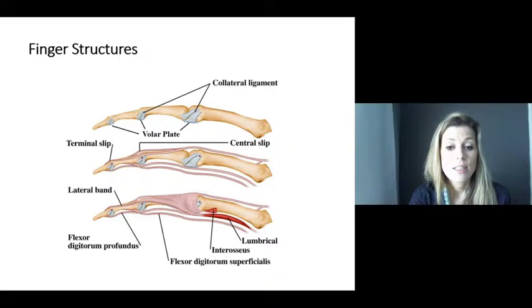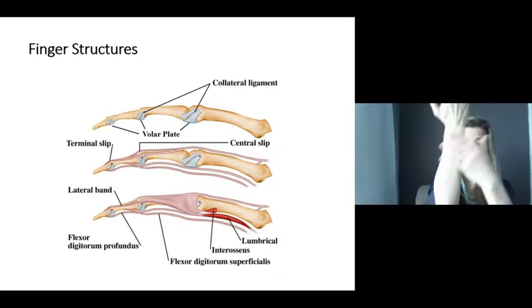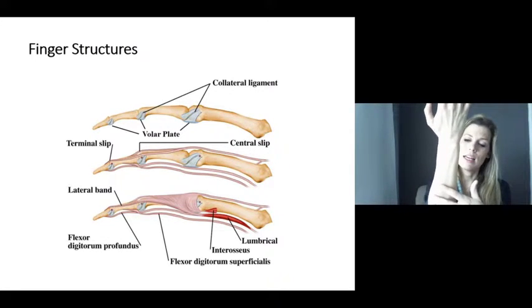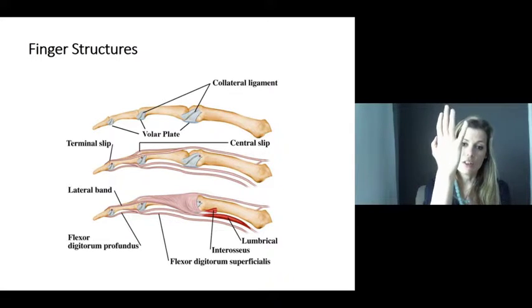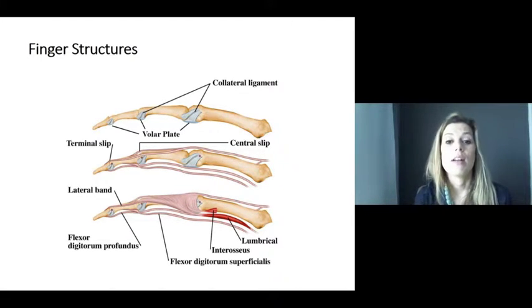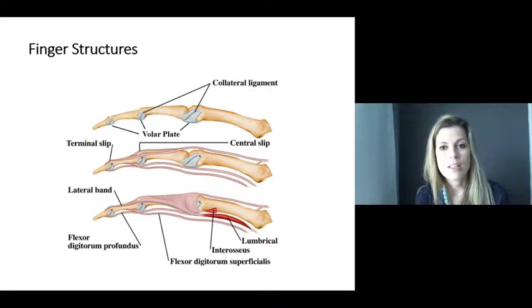Also with extrinsics, you have the extensors that are built within the posterior aspect of the hand, and you've got extensor digitorum, your extensors for the wrist, and your EPL, extensor pollicis longus. So don't forget about those extensors for the hand that are extrinsics.